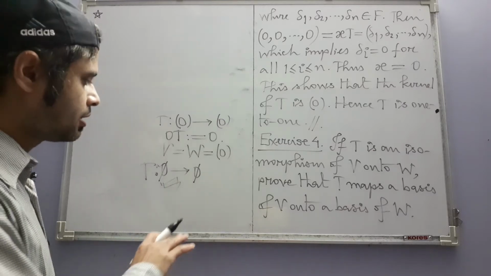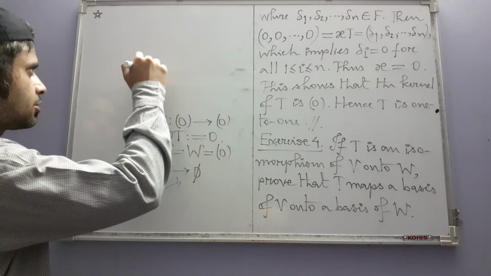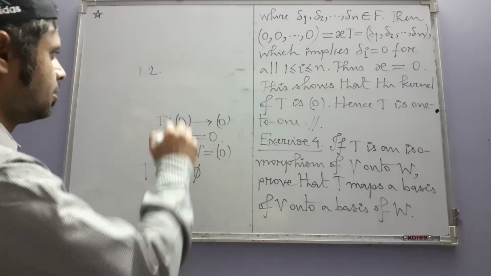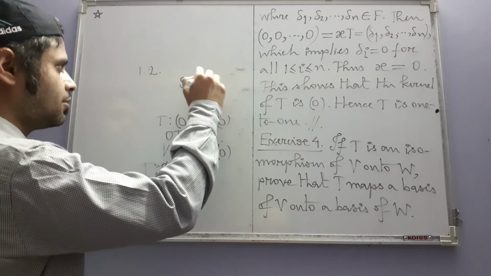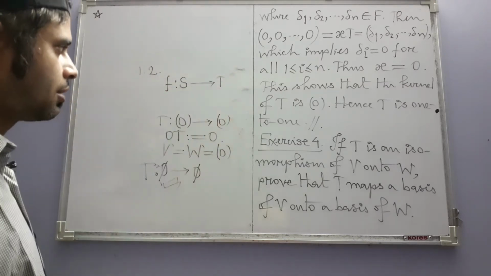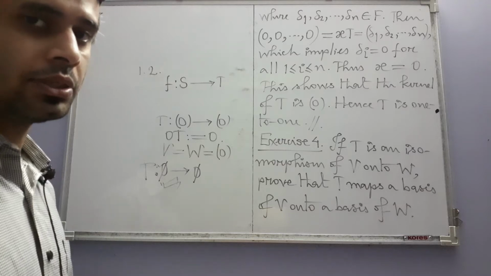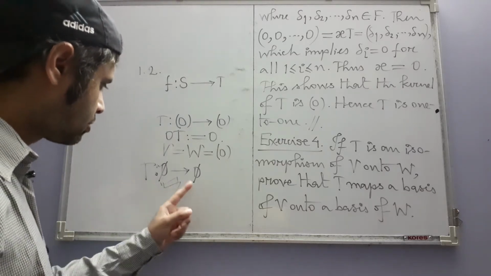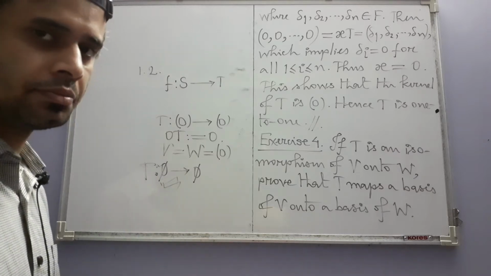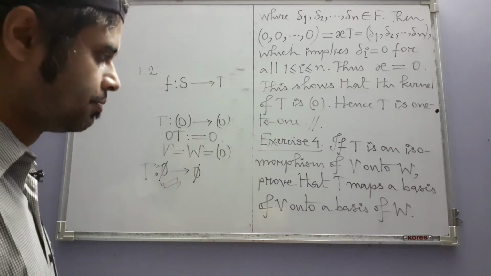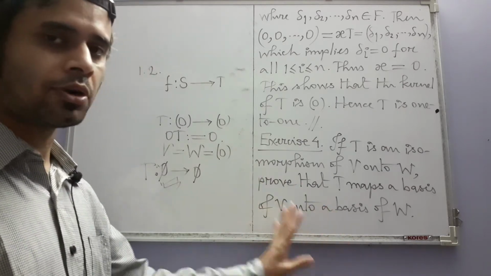If you go back to section 1-2 where we have defined functions or mappings, you will see that we have defined a function f from S to T where both S and T are non-empty sets, but there in fact is a notion of an empty function, and if you take that notion into consideration, then there is actually no problem with this.